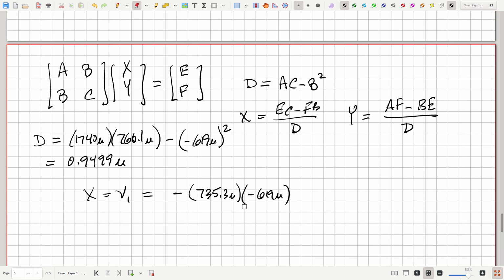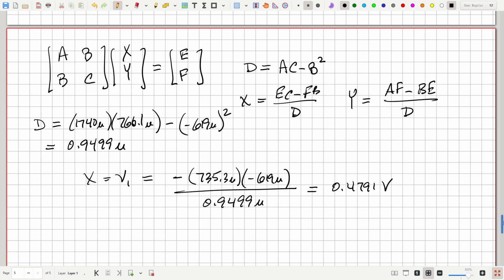Those two minus signs will cancel. And that's all over our D, which is 0.9499 micro. And punching those numbers, we get 0.4791 volts, to four figures.